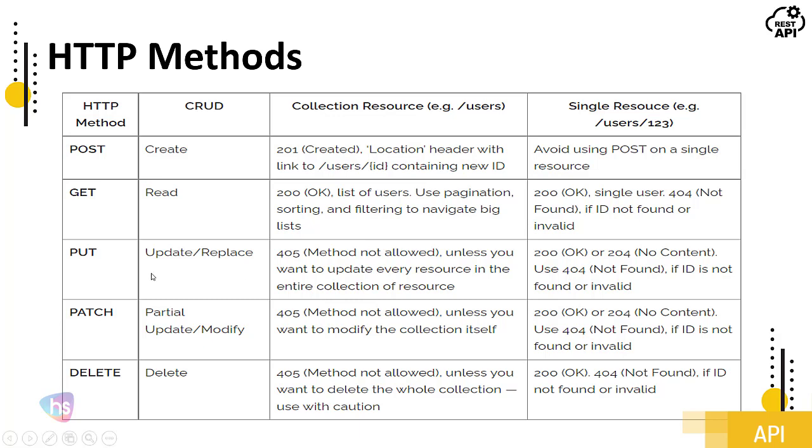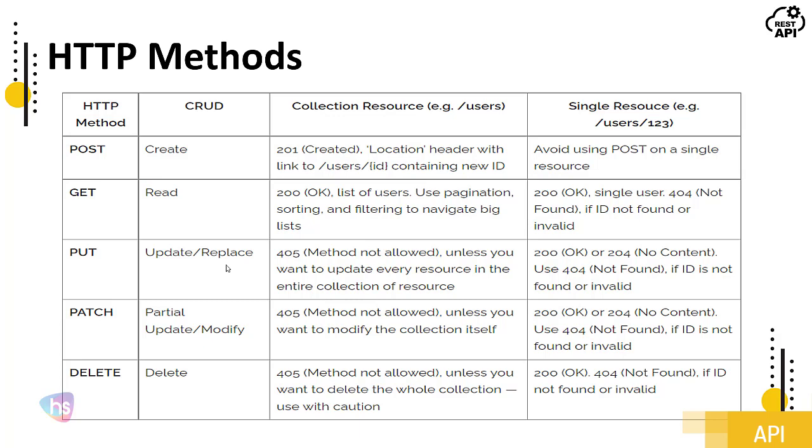And the PUT method will be used for updating, replacing or modifying a record. For example, spelling mistakes in the name of an inserted record, address mistakes or phone number mistakes, which may need to be corrected.